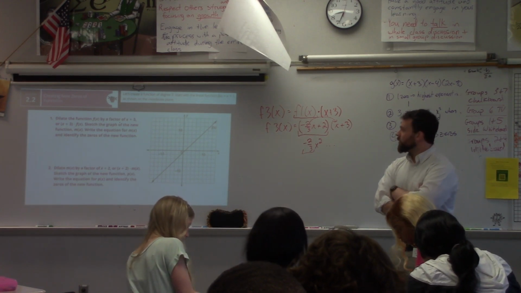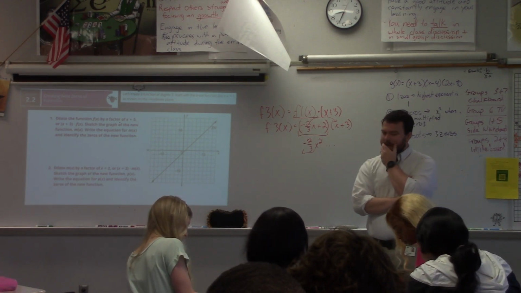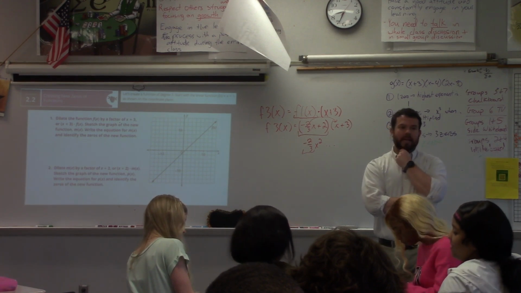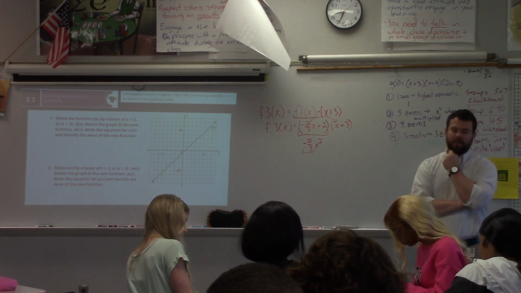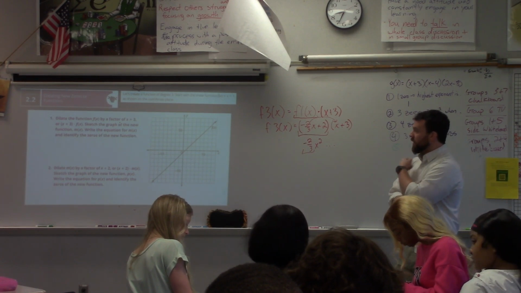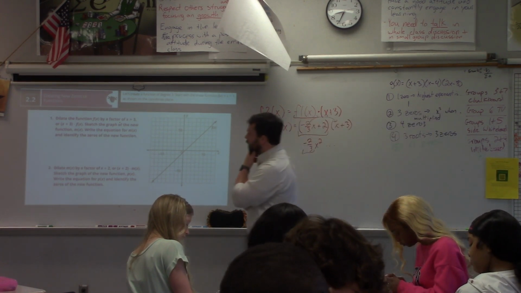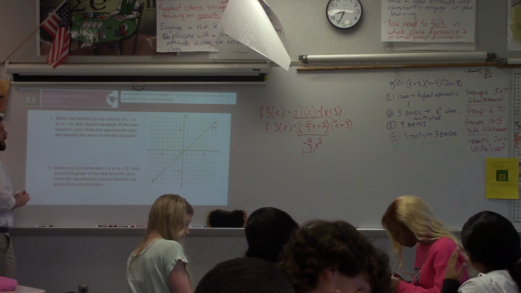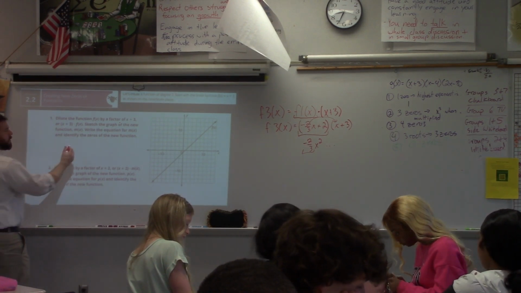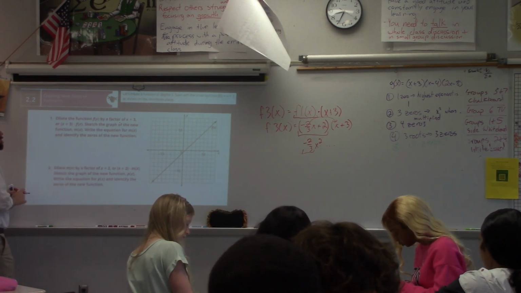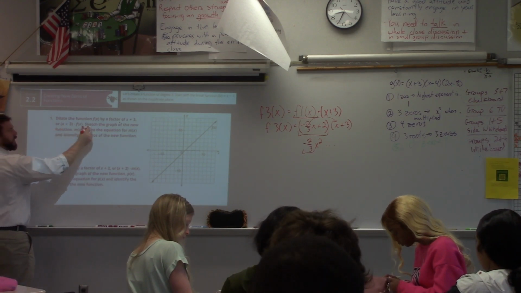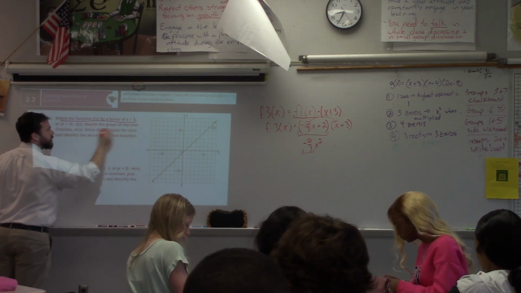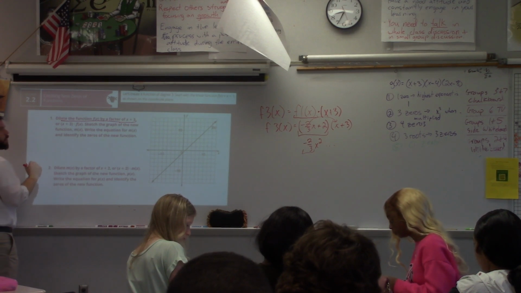Okay, so we should already have the first piece of this done from yesterday. This is again another example of what we just said. With number 1, we dilated the function f of x by a factor of x plus 3. So what did that mean? Dilating the function by a factor of x plus 3 gave us what?